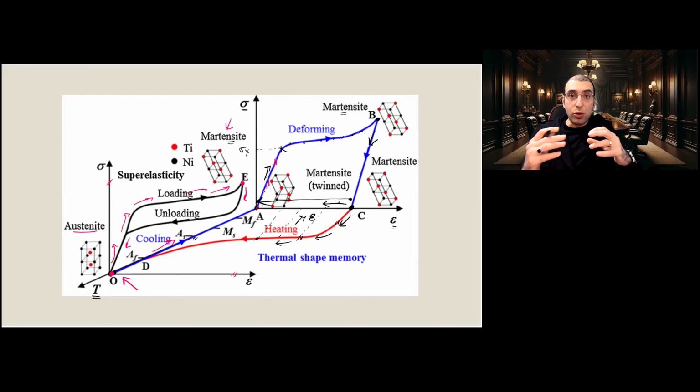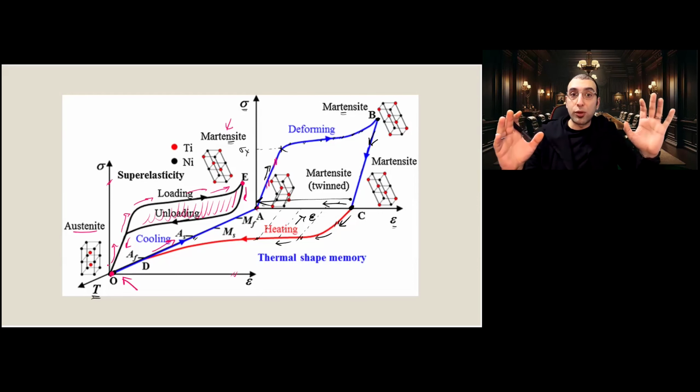But this is pseudoelastic behavior because it doesn't come down along the same line. When you apply the plastic deformation, there's an area in between. So it's not exactly coming back along the same line. The pathway is different, but anyway, you can recover all the deformation that you apply.